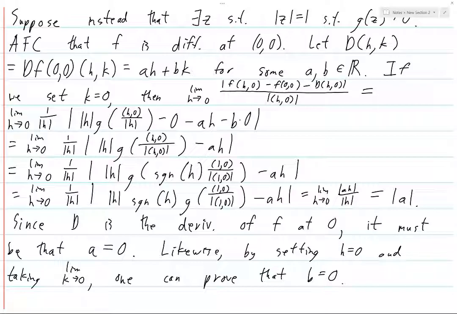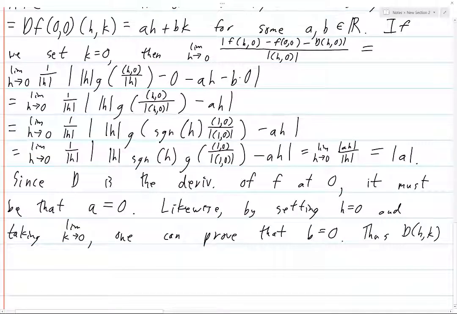So that part drops out, and you're left with the limit as k goes to 0 of the norm of bk over the norm of k, which gives you just the norm of b. You know that must be 0 by the definition of the derivative, and therefore b equals 0. Thus, d evaluated at (h, k) must be equal to 0.